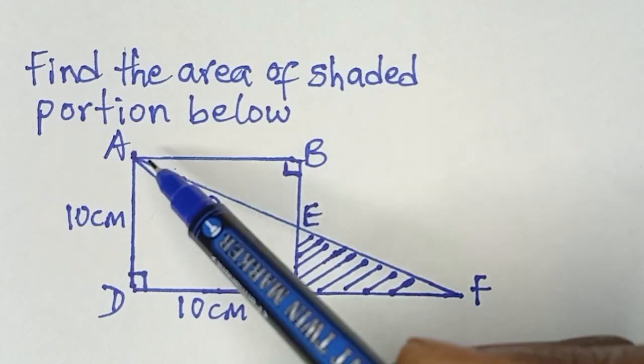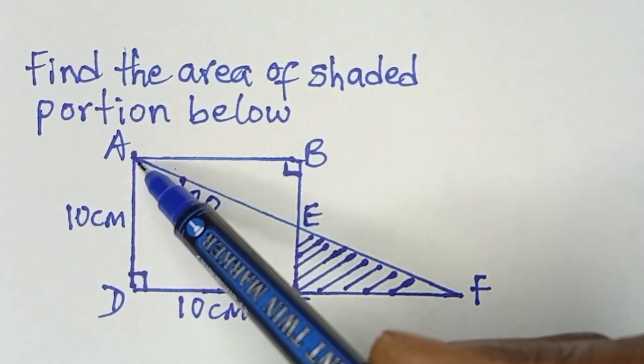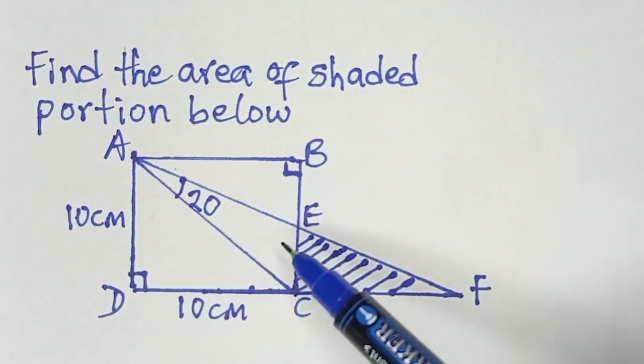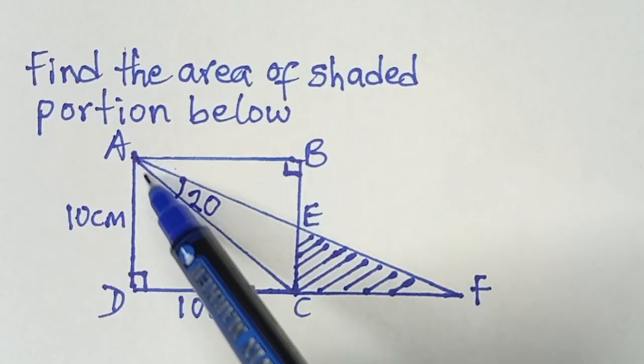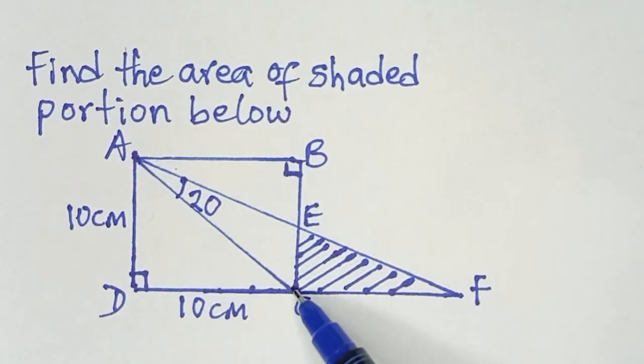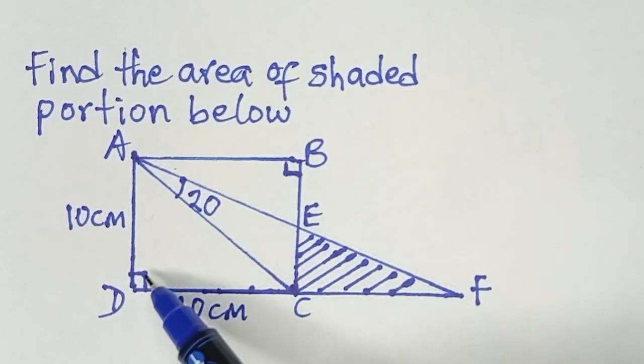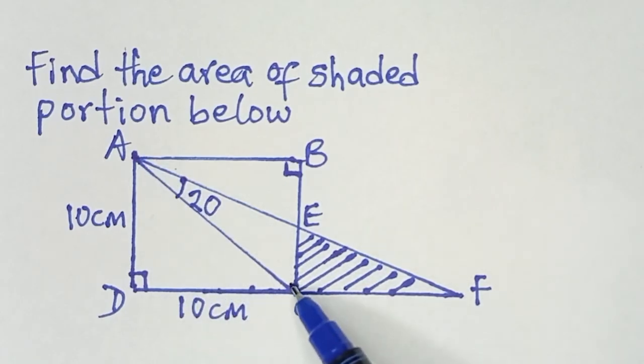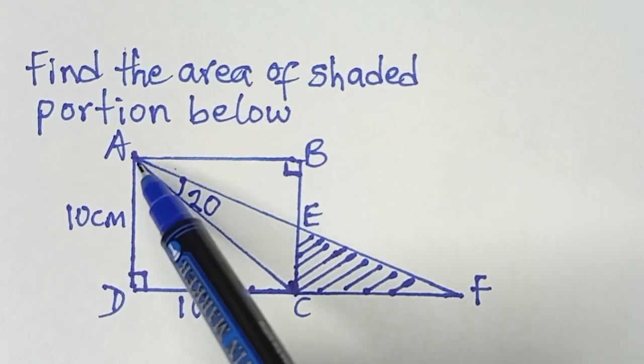If you look at this, in a square, the diagonal bisects the angles. Don't forget that about a square. So this angle, the whole of which is 90, is being bisected by this diagonal.